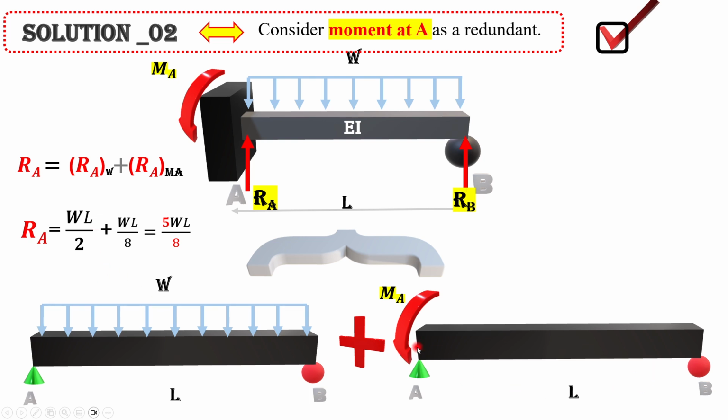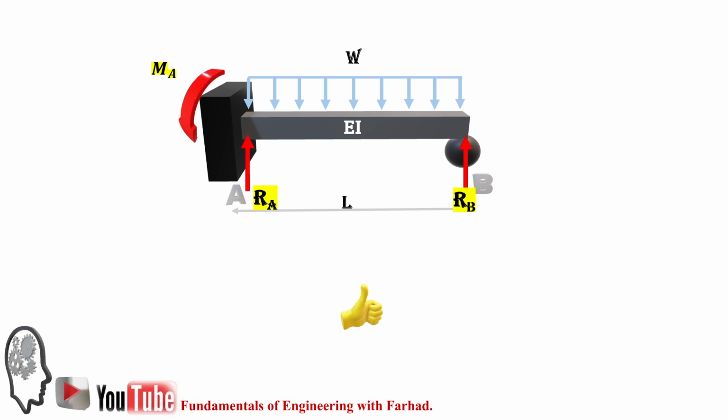We already calculated the R A for this part as WL over 8, and if you add them up together, it gives us R A equal to 5 over 8 WL, and R B is definitely equal to the leftover of W L, that's 3 over 8 WL.